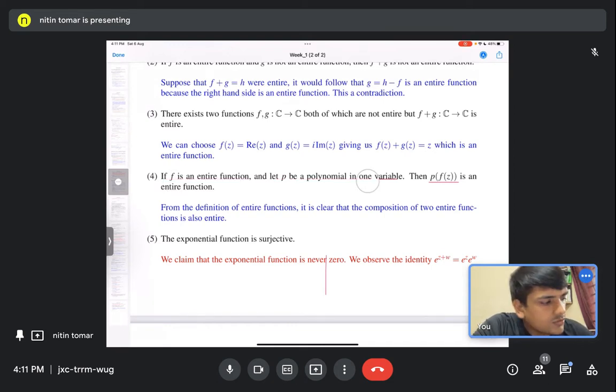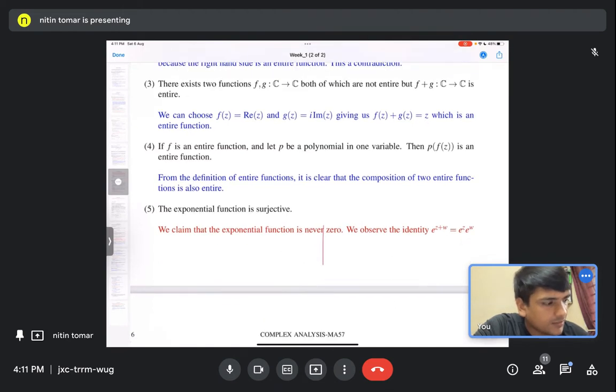So this option is correct. This p composed with f of z is nothing but the composition of two entire functions. Okay.